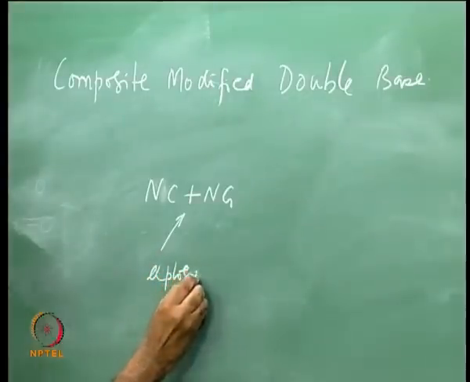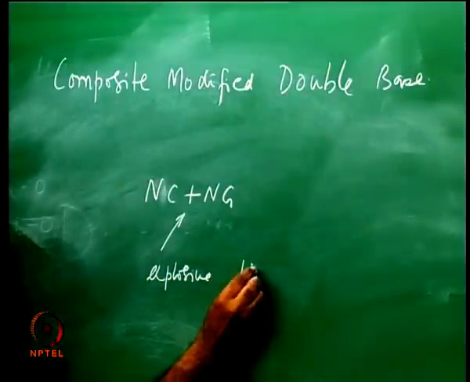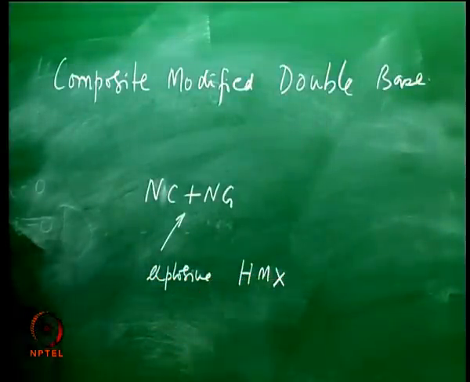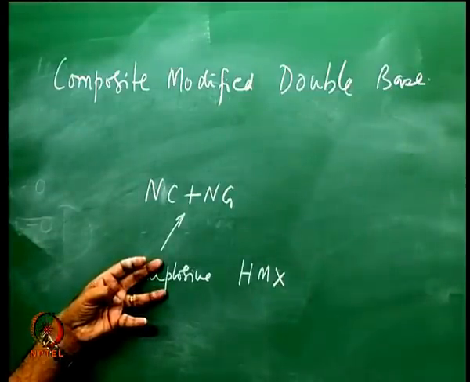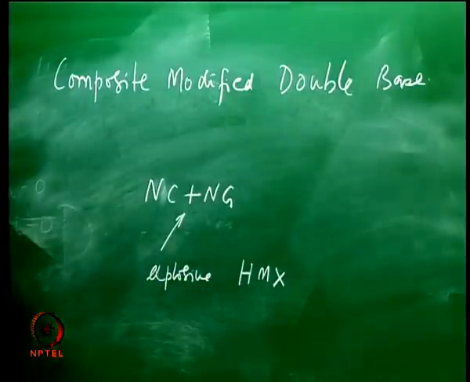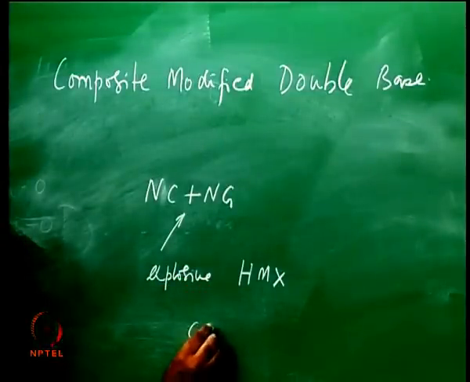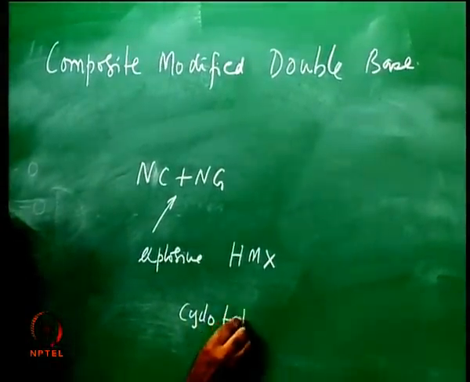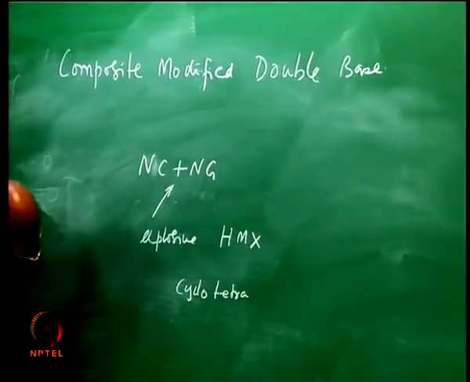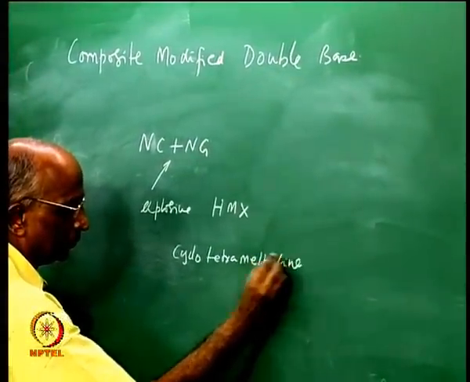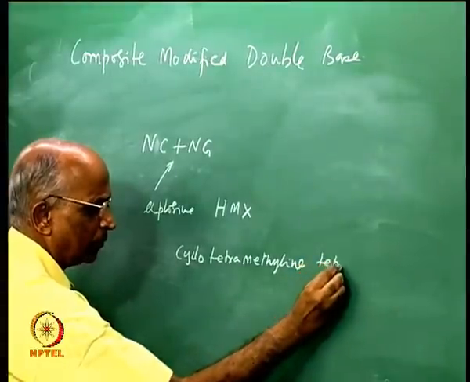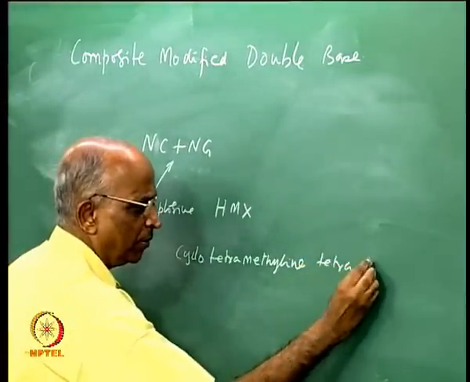and the explosive I add is known as HMX. What is an explosive? It consists of fuel and oxidizer together. This HMX stands for cyclo tetra methylene tetra nitramine.